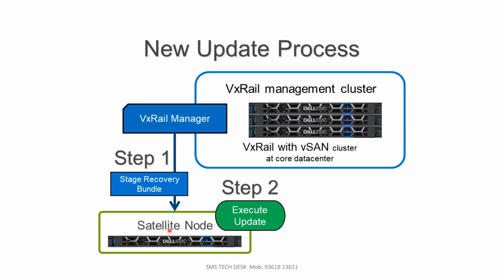As of now, I'm just explaining the cluster concept only. I'm not explaining the configuration, how we'll be configuring the satellite node; we are not discussing those things here. So far, we have discussed 5 types of clusters.